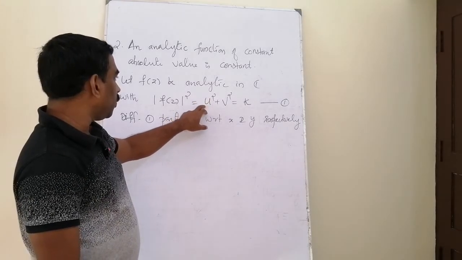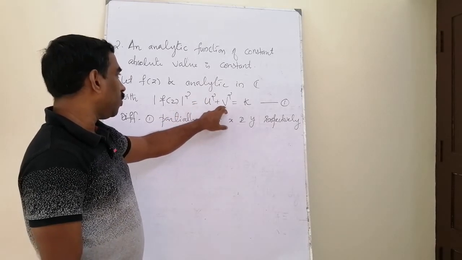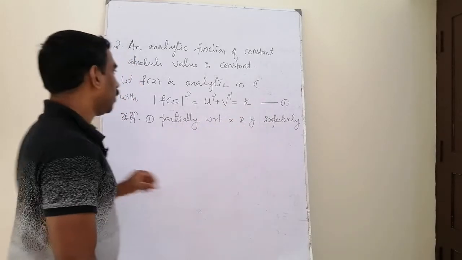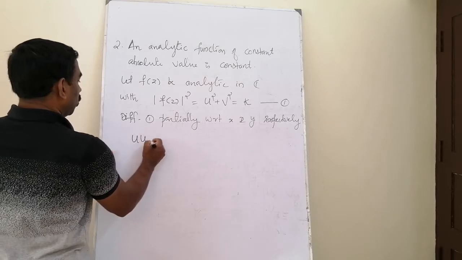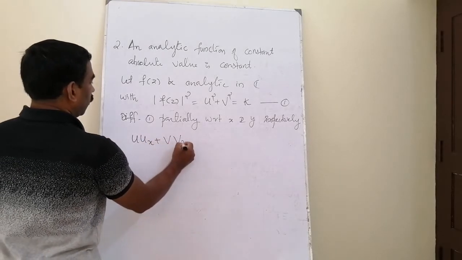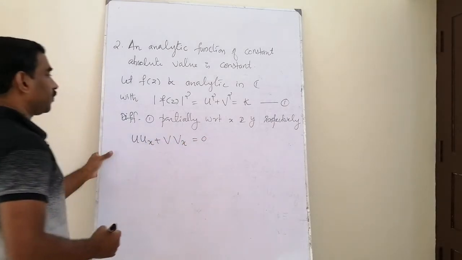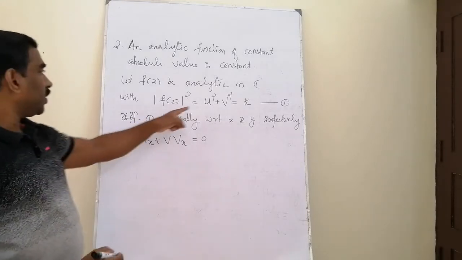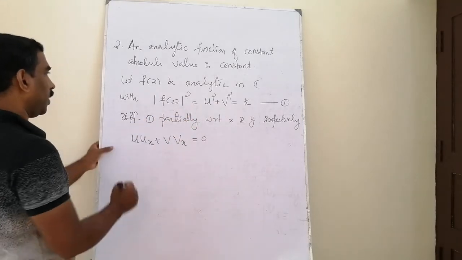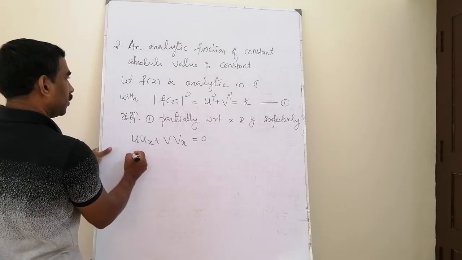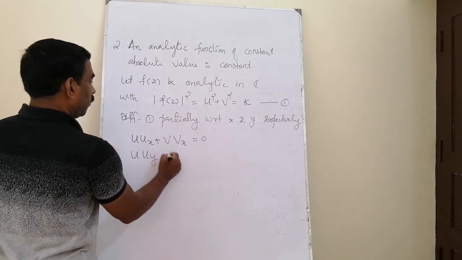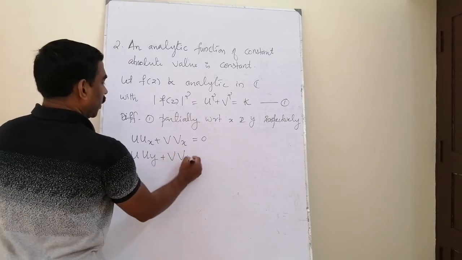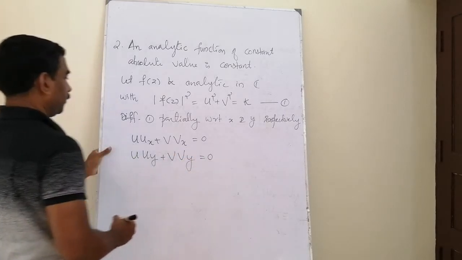Derivative of u square, that is 2u into ∂u/∂x plus 2v into ∂v/∂x equal to 0. Or cancelling that 2, we get the equation u into ux plus v into vx is equal to 0. And similarly, if we partially differentiate the whole expression with respect to y, again we get another equation as u into uy plus v into vy equal to 0.